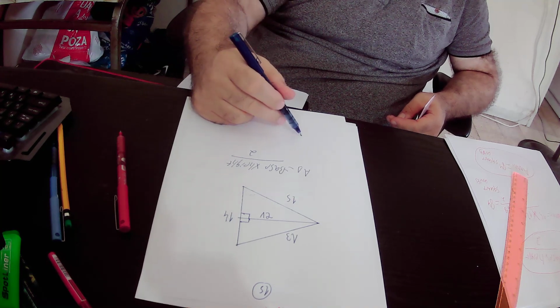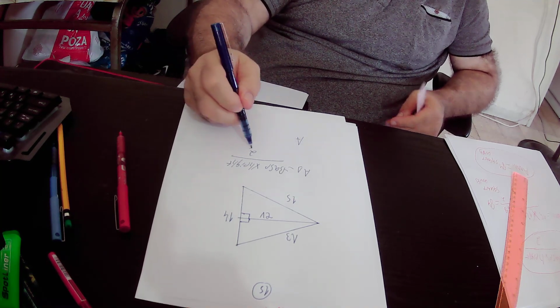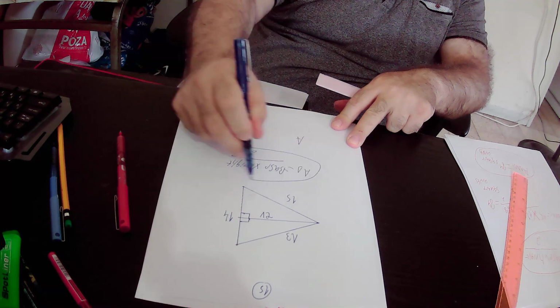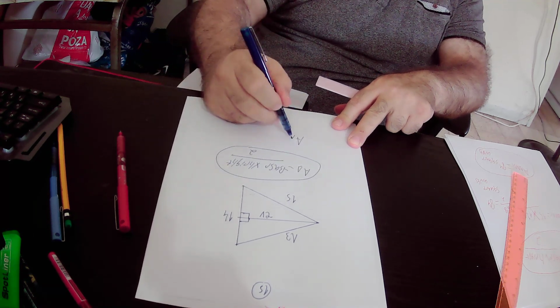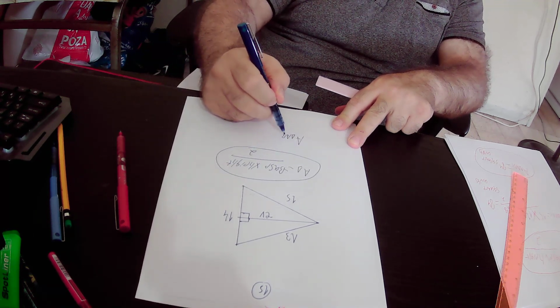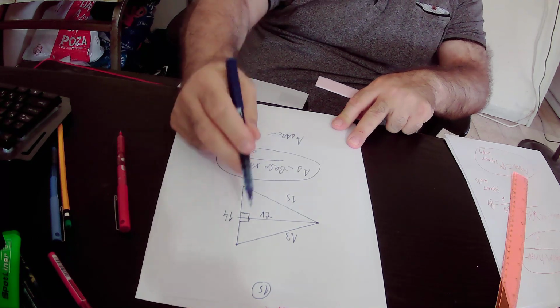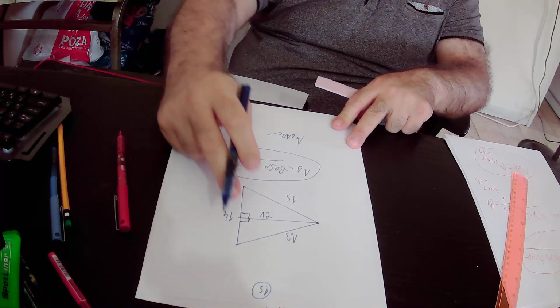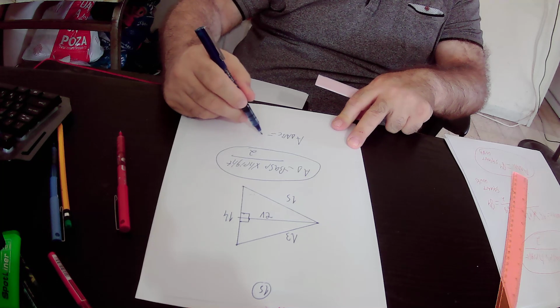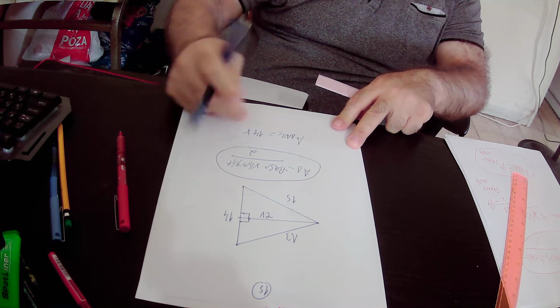and the area of triangle ABC will be equal to the base of triangle ABC, that is actually 14 units, times the height to the base.